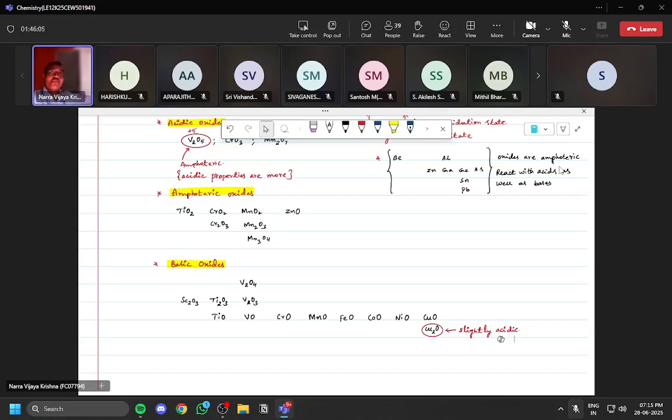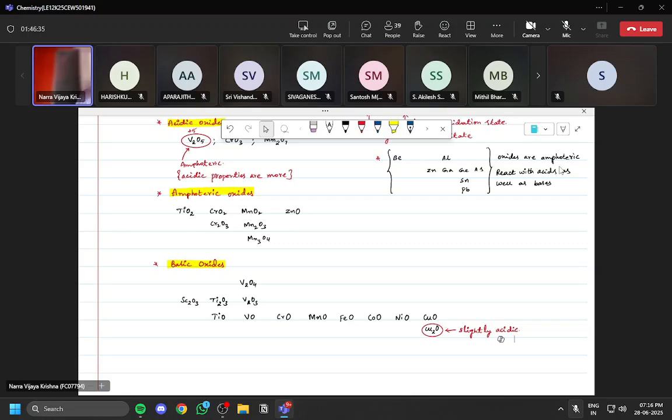Now amphoteric: TiO2, chromium CrO2, Cr2O3. Plus 4, plus 3, plus 4. Then here, plus 4, plus 3. This is a mixed oxide. Are you able to understand?